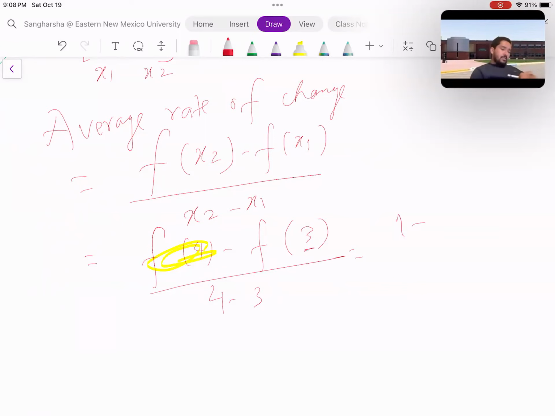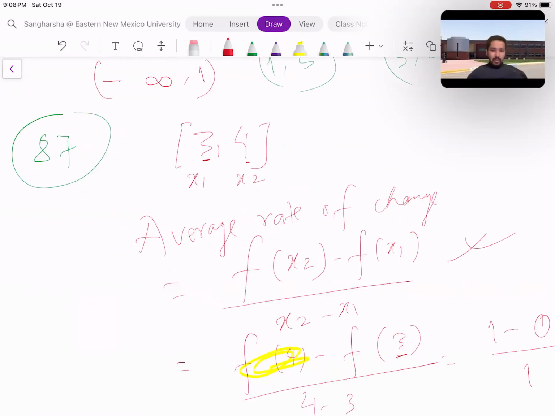And when x is 3, what is y? When x is 3, our y is 0. Divided by 4 minus 3, which is 1. So 1 is the average rate of change, and this formula will be provided to you. Okay, that's number 87. If you have any questions, please let me know.